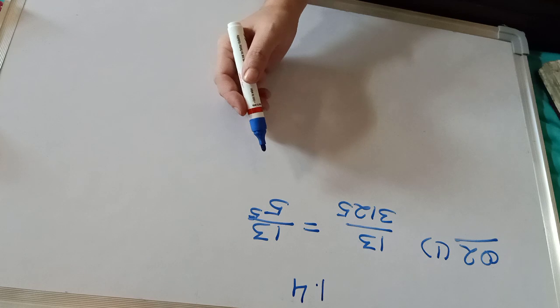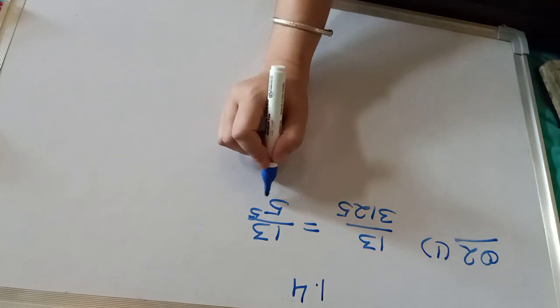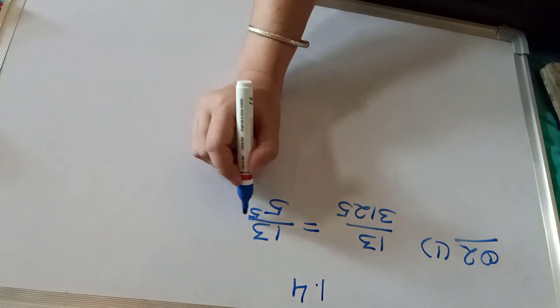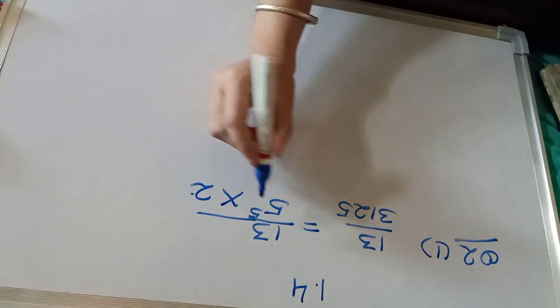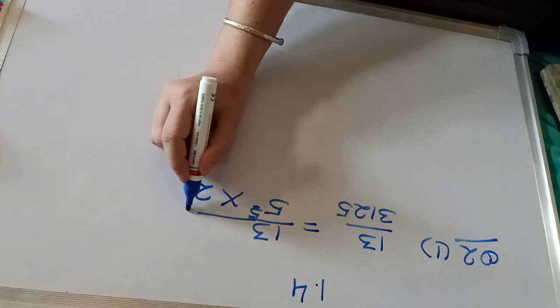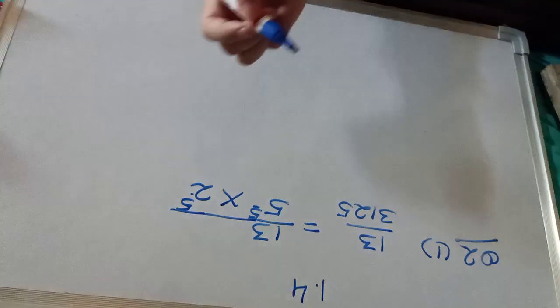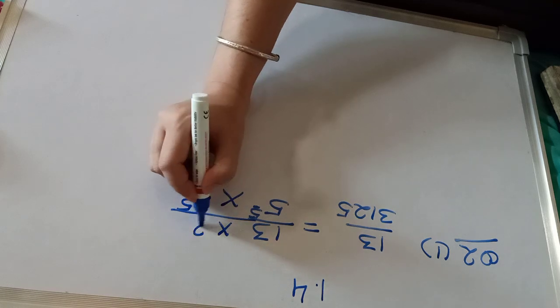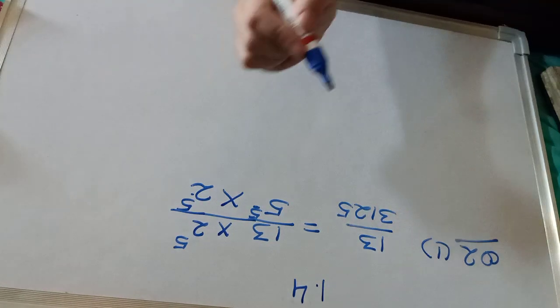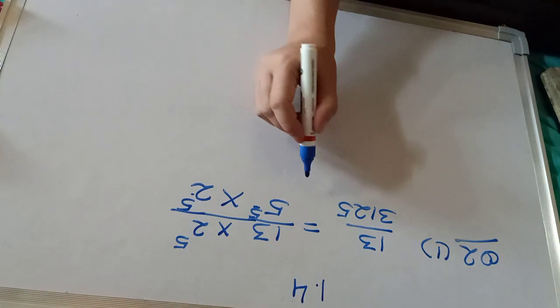Now how do we need to convert it? We have 5 raised to power 5. It means I need 2 also. How many times? 5 times. So I have multiplied the denominator with 2 raised to power 5. Similarly, I need to multiply the numerator also with 2 raised to power 5.